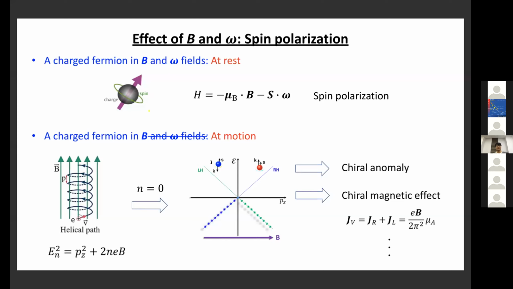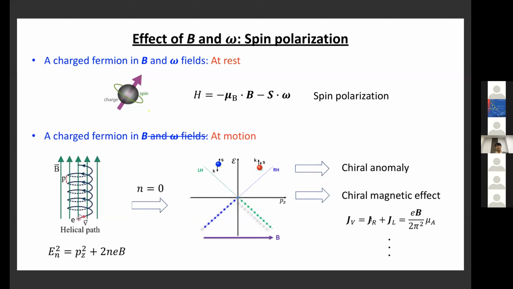And for the left-hand fermion, its momentum is opposite to its spin direction. Which means if we have more right-handed fermions than left-handed fermions, there will be a net current along the magnetic field. This is actually the chiral magnetic effect.